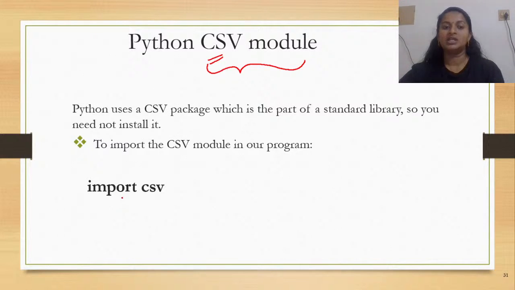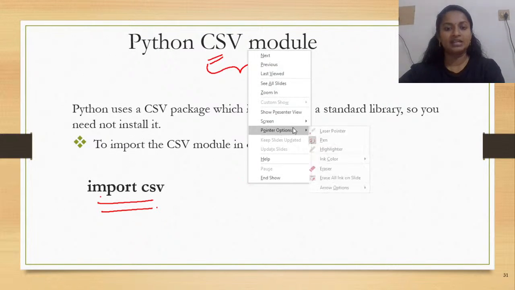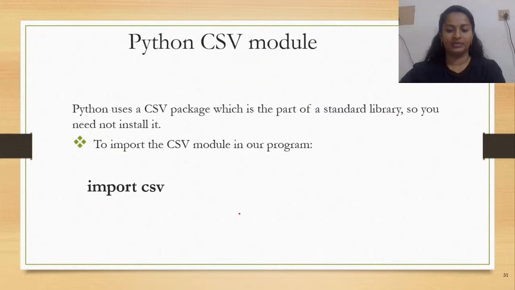So how do you do it? Using the keyword import, and the name of the module is csv, all in lowercase letters. So what is the syntax? The syntax is import csv, as it is being shown in the slide. So we understand that this is the first thing to be done, right?